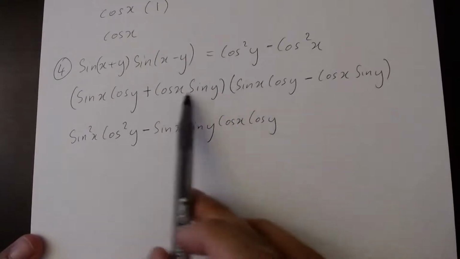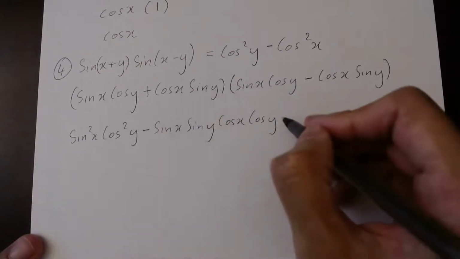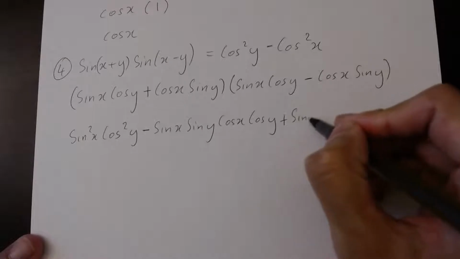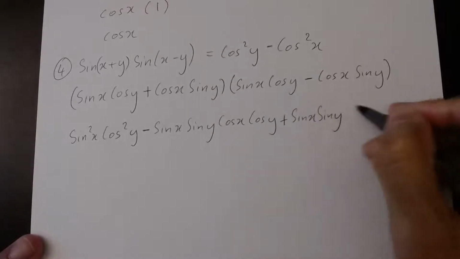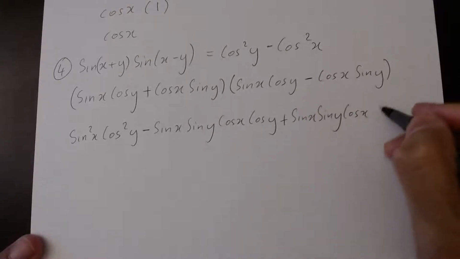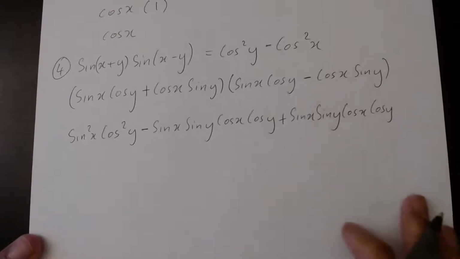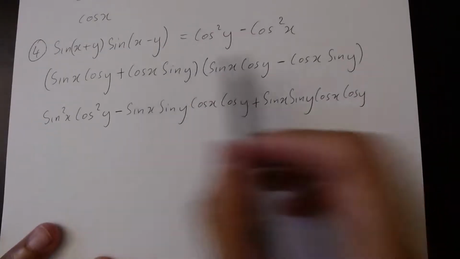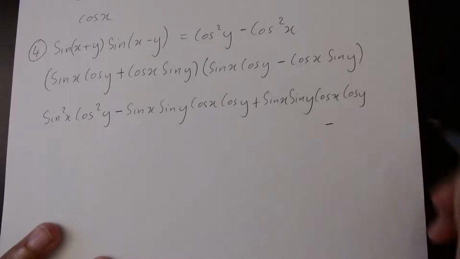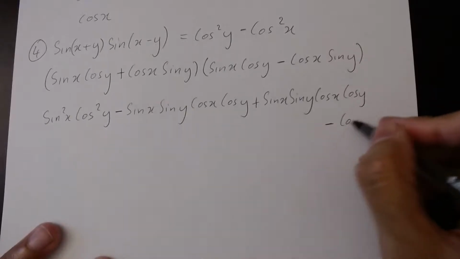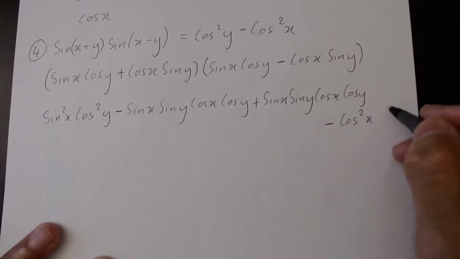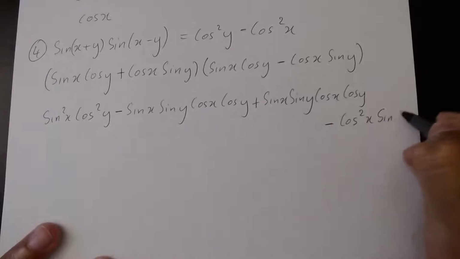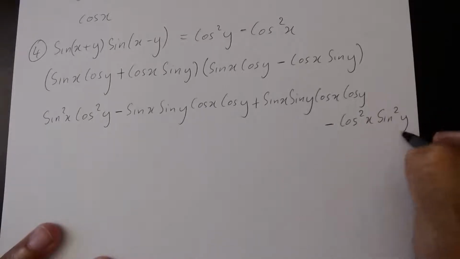Next, I'll multiply the two internal terms. And that's going to be plus sine x sine y cos x cos y. And then I'll multiply the last two terms. I'll squeeze that in below here. That's just going to be cos square x sine squared y.